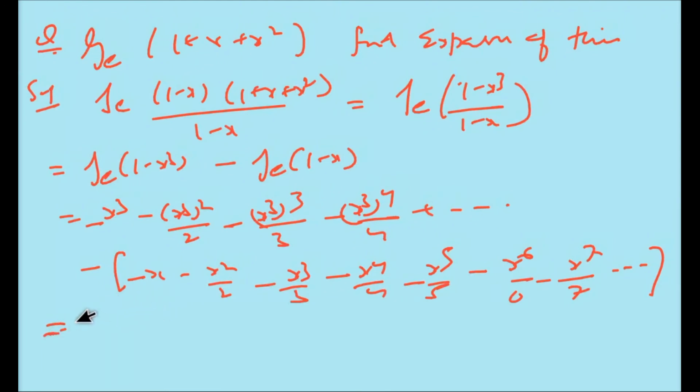So we get here x. Now x square here, since it is a cube, so we write first plus x square by 2. And again we can see in descending order x cube and x cube, so plus 1 by 3 and minus 1 by 3. Okay, so we get here minus 1 and here plus 1 by 3.